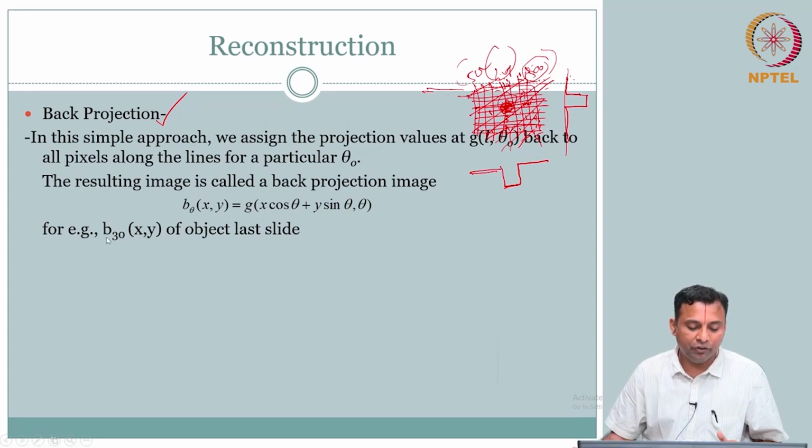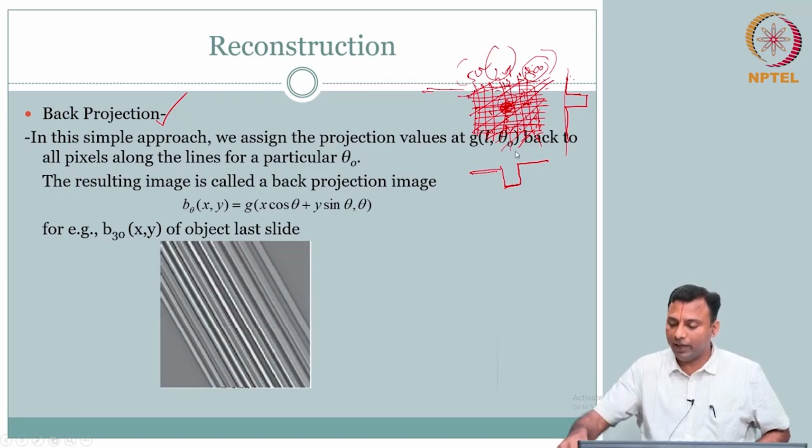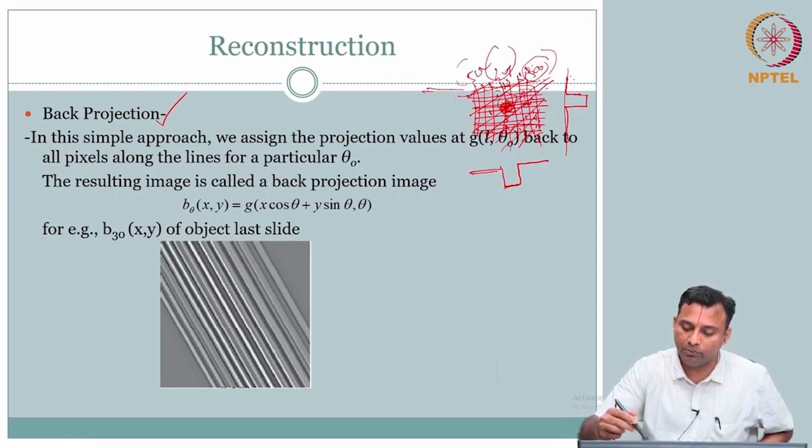So if you take one example back projection from the object that we showed in the previous slide, it will be like this. Nothing fancy. Here I took a square just to explain. If I project this back, what is going to happen?